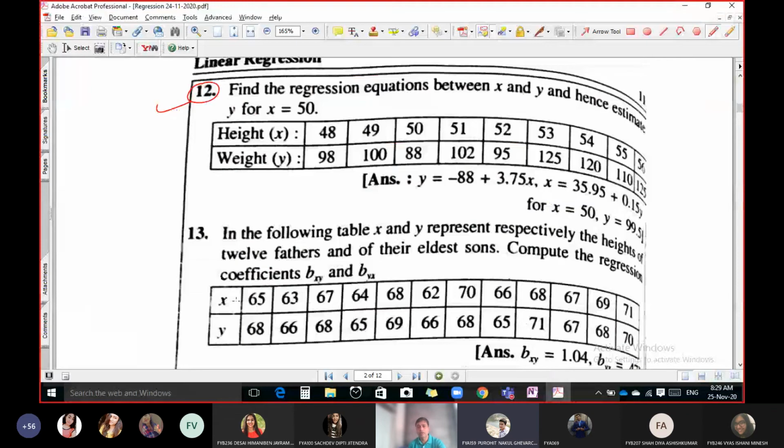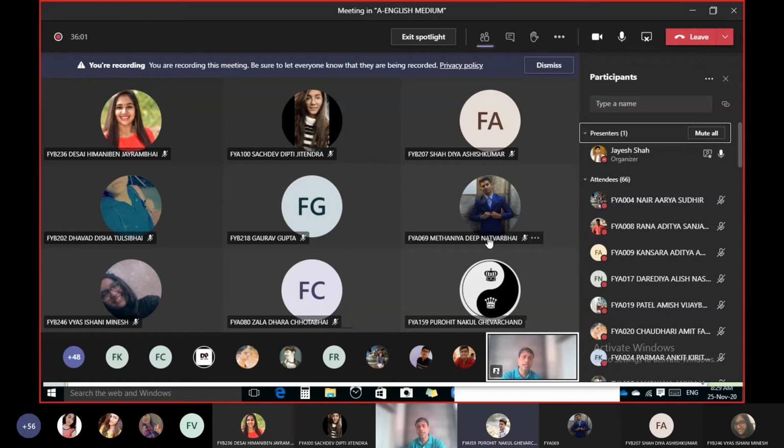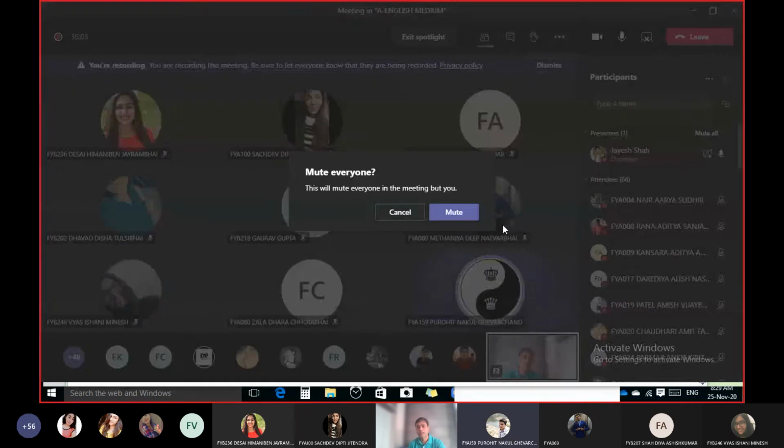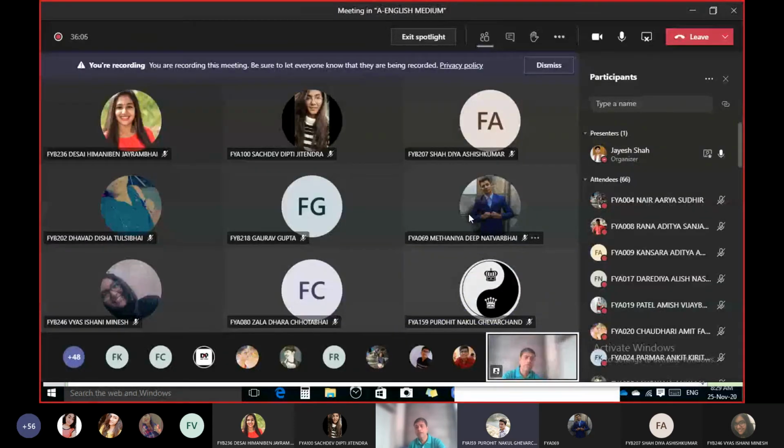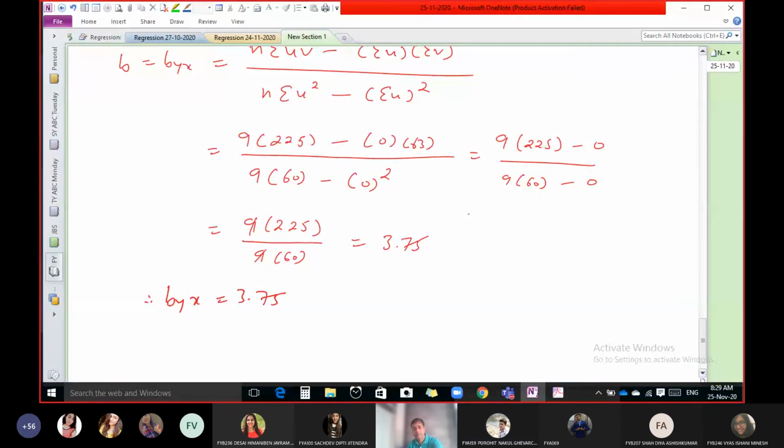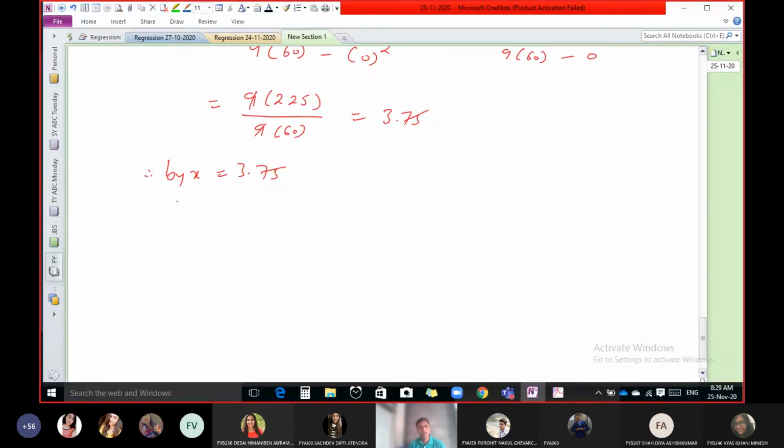Okay. Now we have to find out the value of a. What is the formula of a? Y bar minus bx bar. Y bar is 109. B is 3.75. X bar is 50. Sorry, 107.